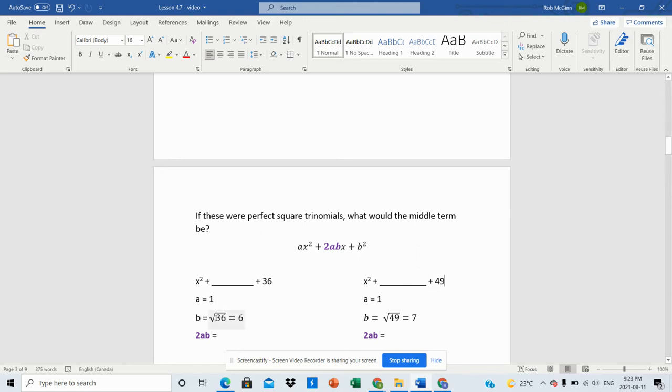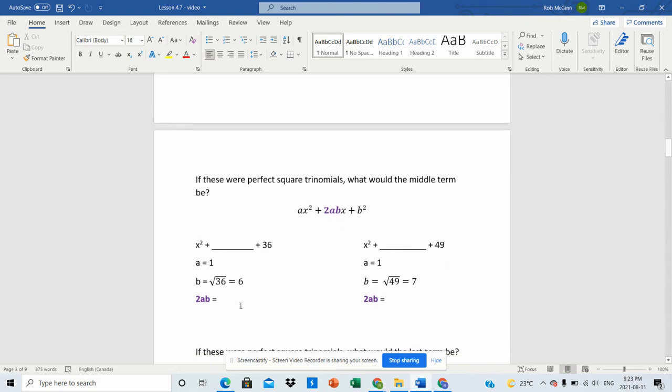So b equals the square root of 36, which is 6. So now I can use my formula. 2 times 1 times 6 is going to give me 12x. So that would be my middle term that's going to help make this a perfect square trinomial.